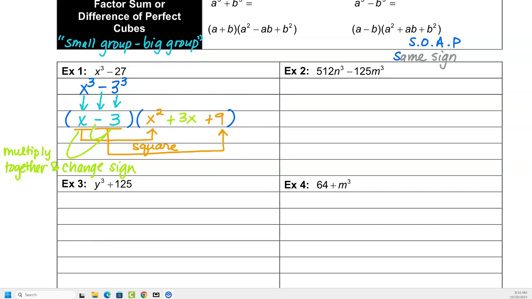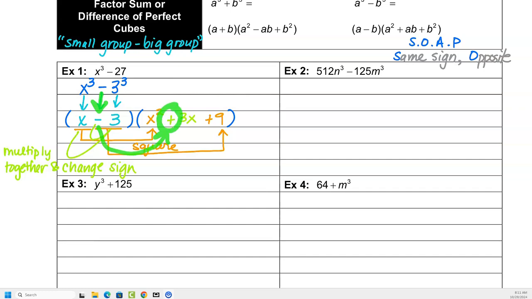So what does the O stand for? Well, the O is the opposite sign. So this one's the same, and then the next sign, that's this one right here, that one's the opposite.